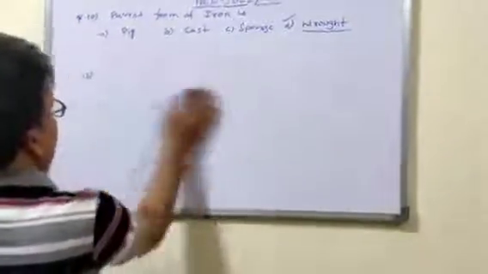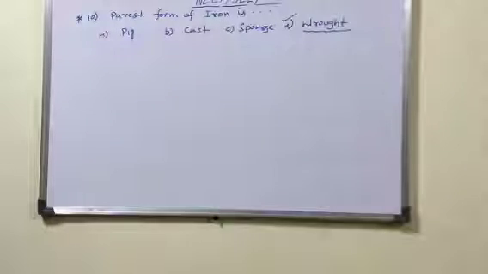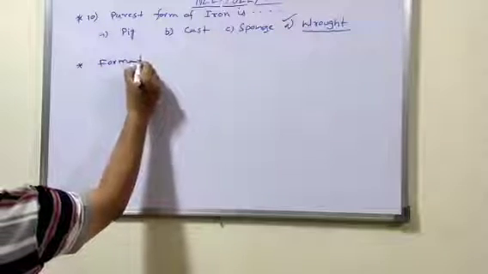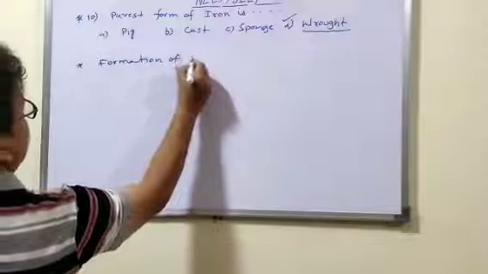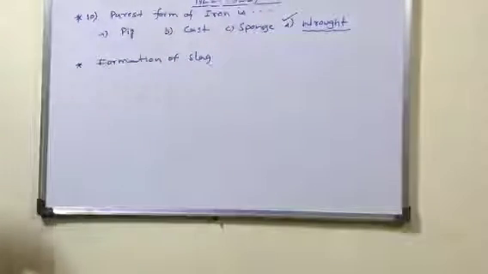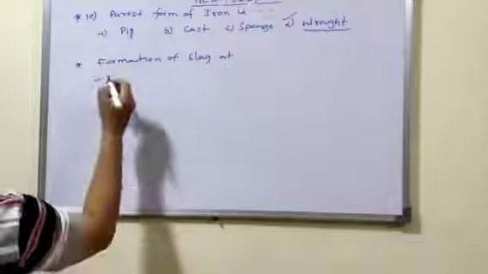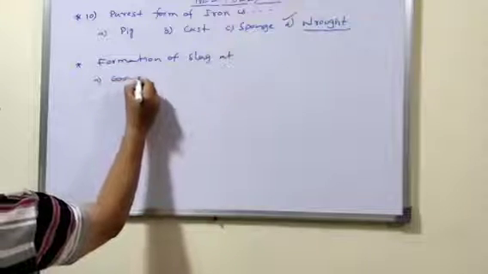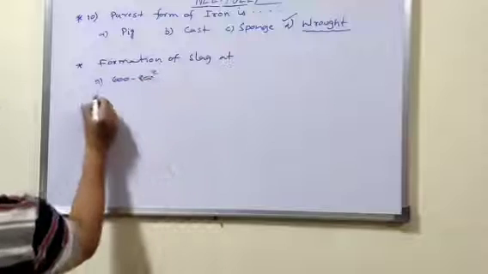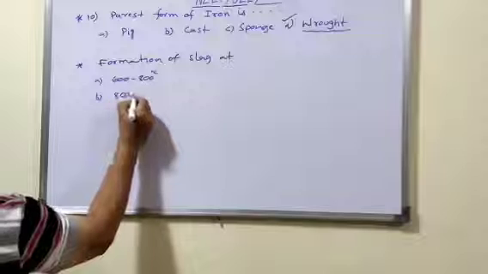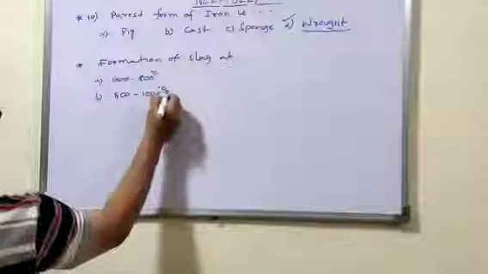Next, another question we have here, that is formation of slag at. Option A, 600 to 800 degrees temperature. Option B, 800 to 1000 degrees Celsius.